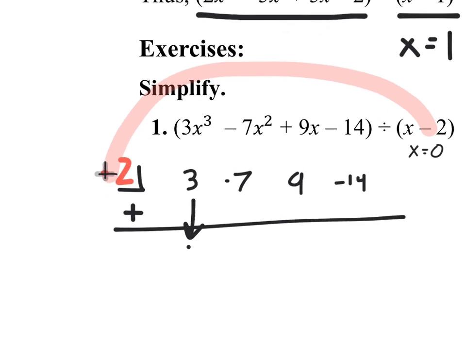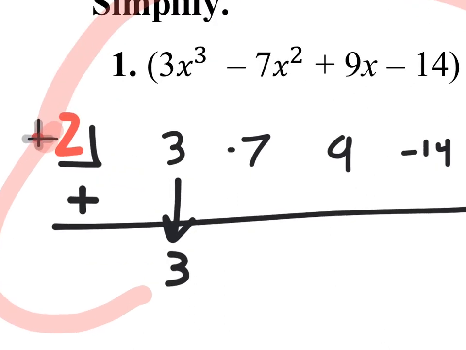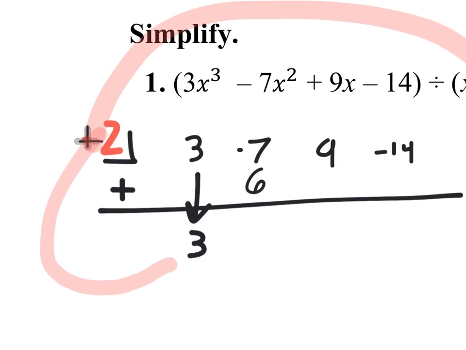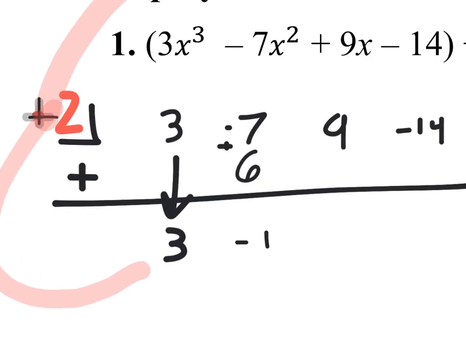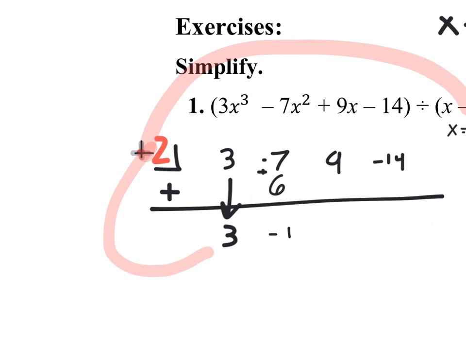First number always drops down. To get back inside, we multiply by that 2. So that would give us 6 inside. When I add them up, we get a -1. I multiply it by the +2 to get it back inside.